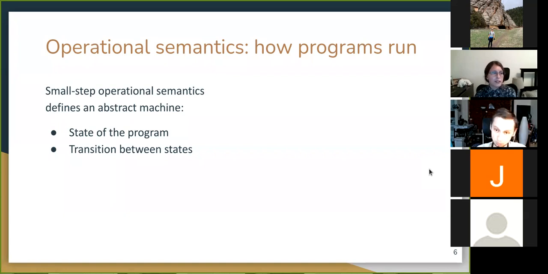The idea is we want to define a sort of state machine to explain what happens in time when the source program executes. Another way of thinking about this, if you're familiar with writing rules, is we take the entire program and then transform it step by step until we reach the result.